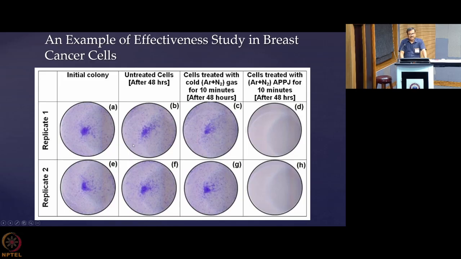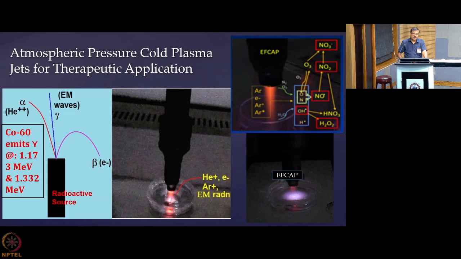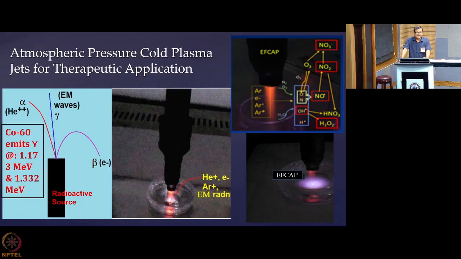The blue shows the color of the dye used to mark the colonies, and these colonies are completely destroyed in 10 minutes after treatment with the argon nitrogen APPJ. This is just one interesting area where the application of cold plasma is increasing day by day.